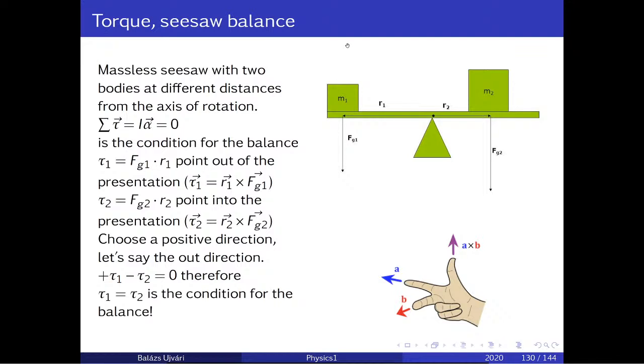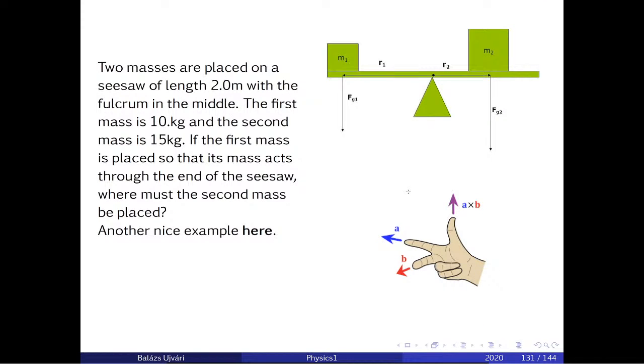In this case, if you create the line of action, just drawing a line through the vector of the force, the level arm will be exactly the length of the R1, and the other level arm will be the length of the R2. So therefore, let's use some numbers.